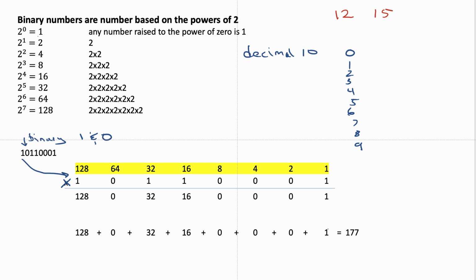And then you add it all together to get 177. So this is the decimal equivalent of this binary number, 10110001.